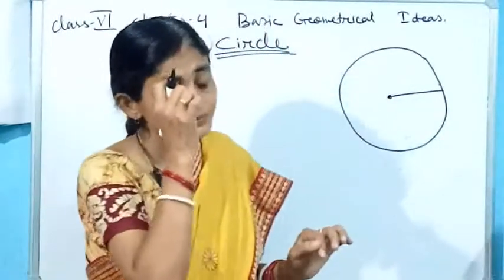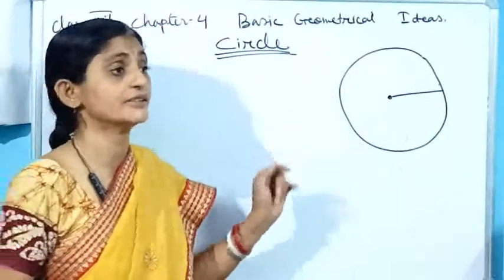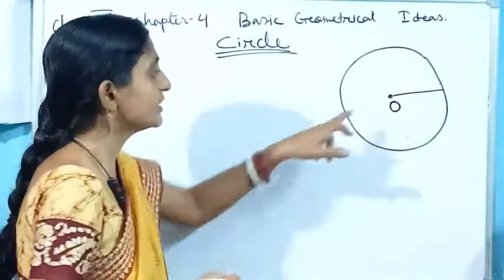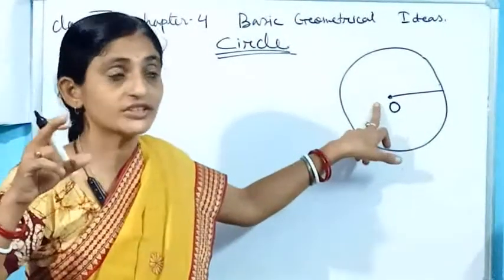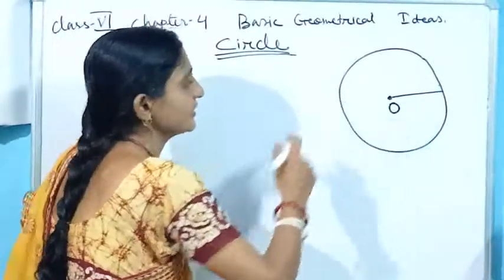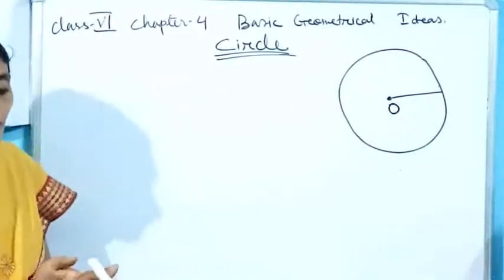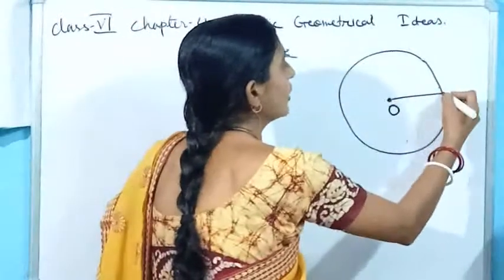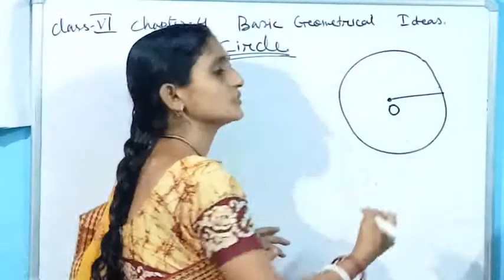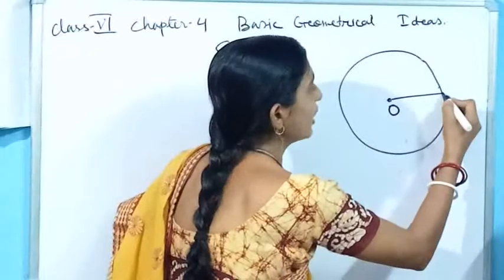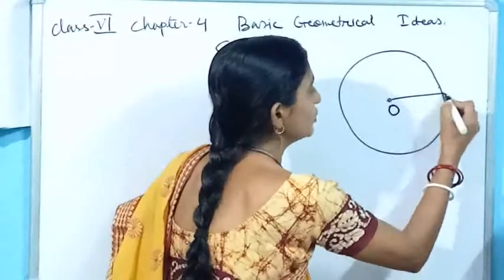So let's name this center O. That point, the middle point of this circle, is the center O here. Now, if I draw one line segment from the center to one point of the circumference, that means on the curved line, I take one point, name it P, and join these two.